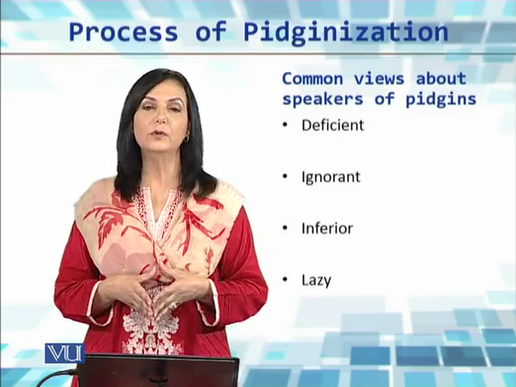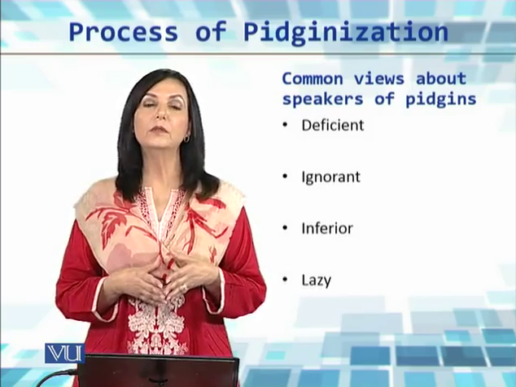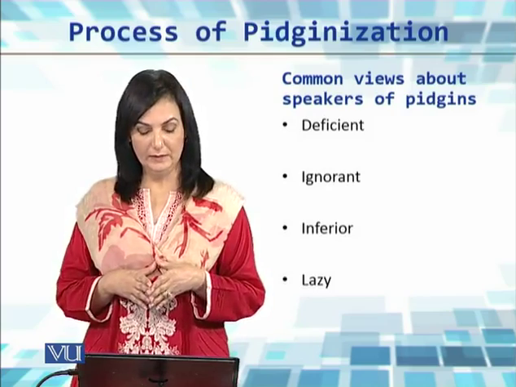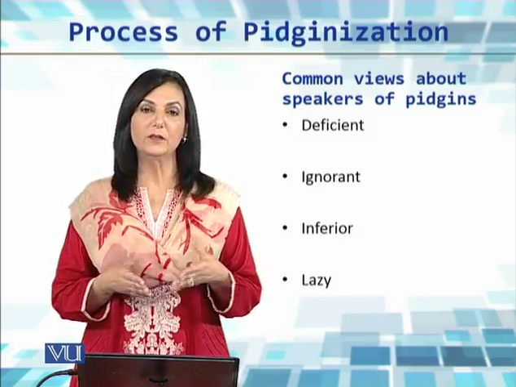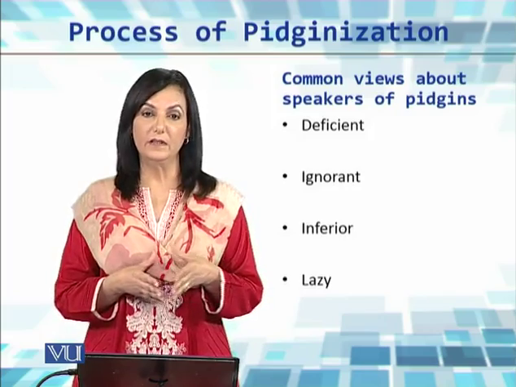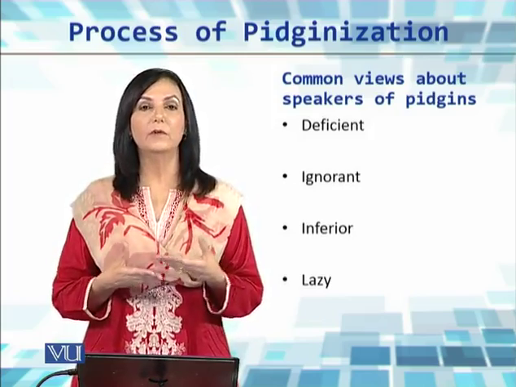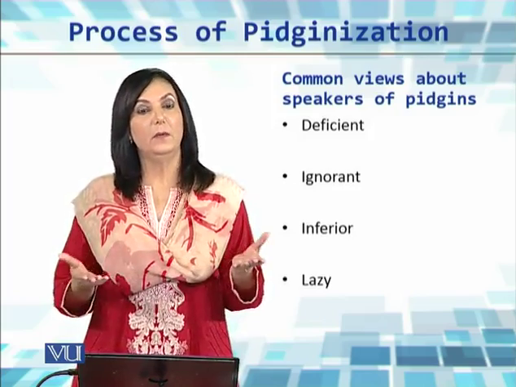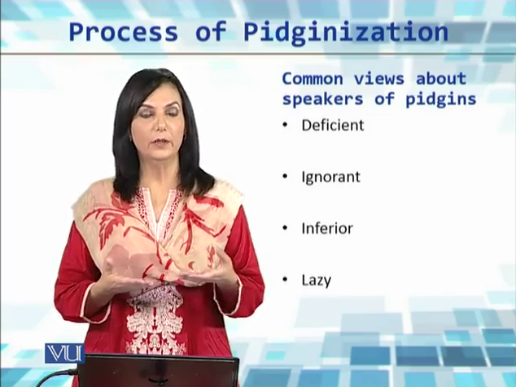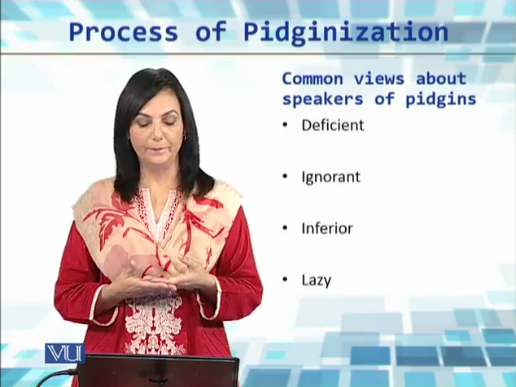Just as the views about these languages are not very favorable, the views about the speakers of these languages are not very favorable either. People believe that speakers of these languages, pidgins, are deficient in many ways, culturally, because they come from a background which was deficient in many ways. They were slaves, they had no education, their socioeconomic status was very low.